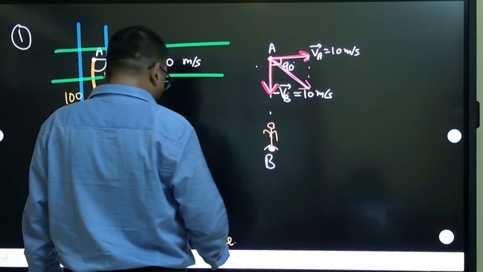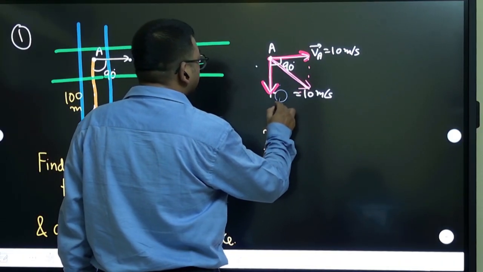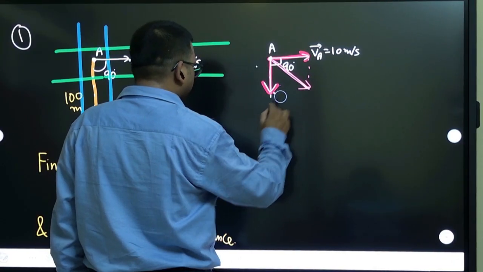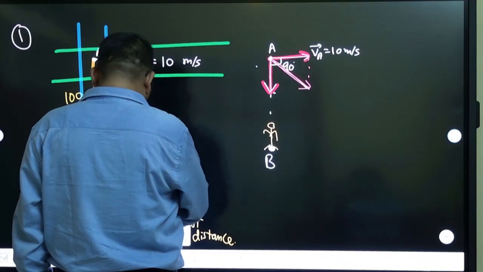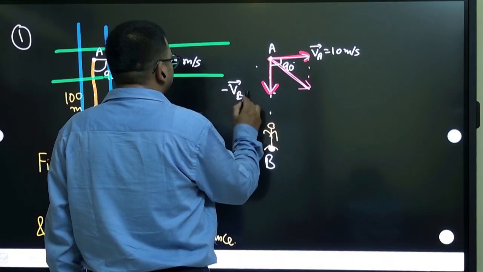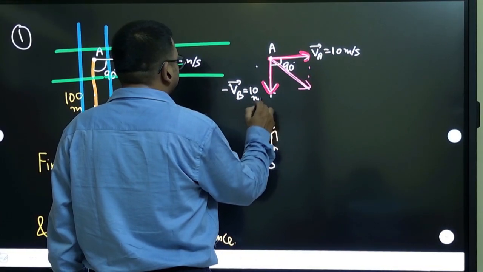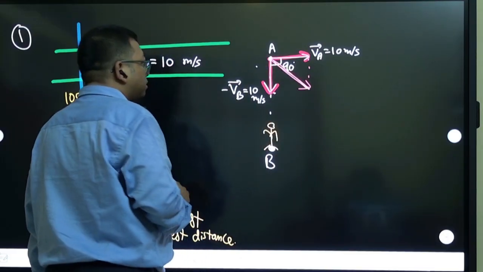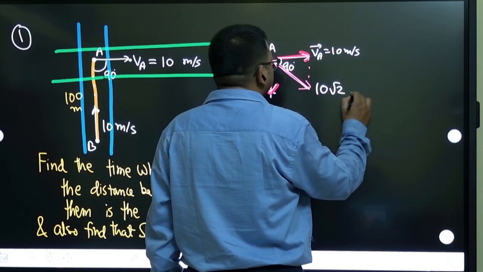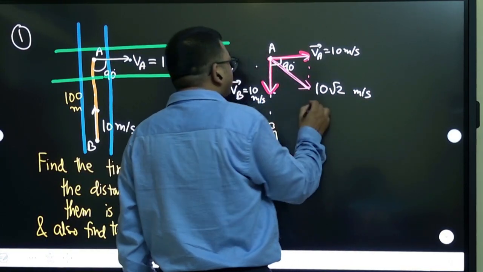This is minus VB, which is 10 meters per second. Correct, 10 root 2. So 10 root 2 meters per second is the relative velocity.